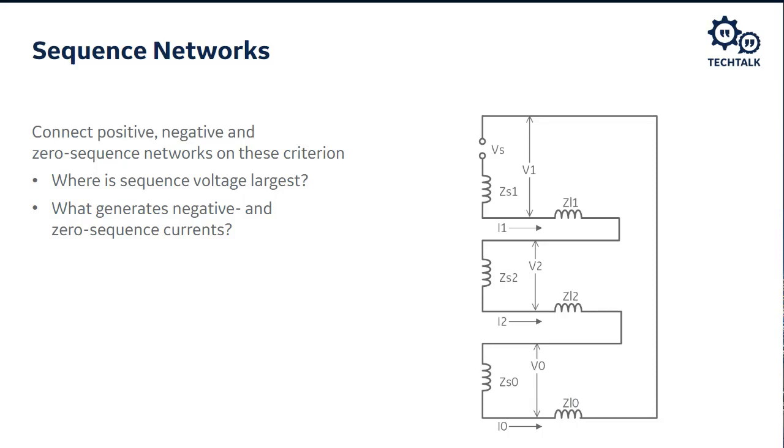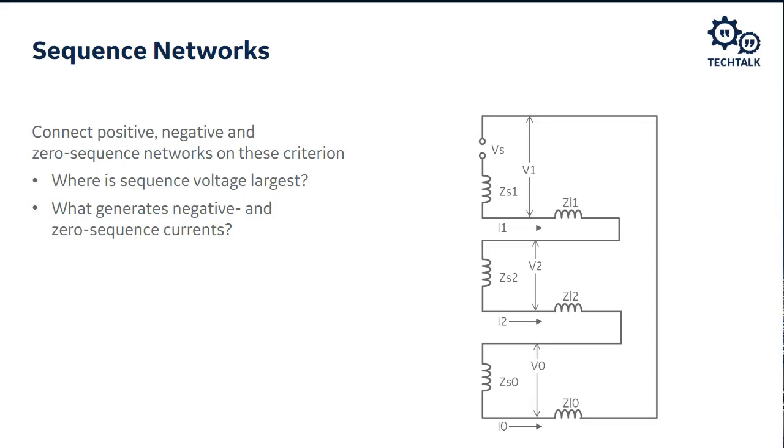Now, there's a few things that I want to point out. The first thing is there's only one source here. That one source is in the positive sequence network. So since the positive sequence network is the only place there's a source, that's why you will always have positive sequence quantities, right?